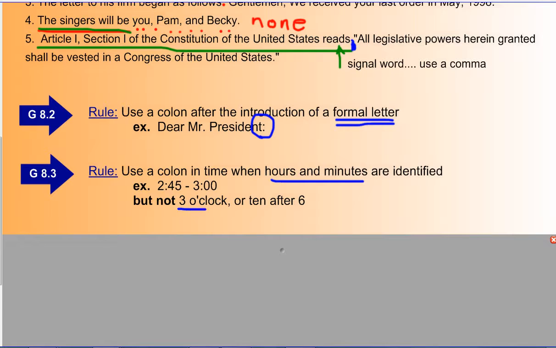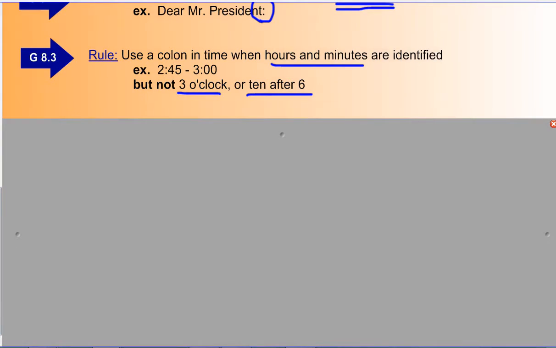But when we write those things out, like 3 o'clock or 10 after 6, we wouldn't use a colon when it's in words like that. So I'll never see like a "3:00 o'clock." That doesn't happen ever. So instead, we're going to keep it only when it has digits for hours and minutes, and the colon separates those two ideas.